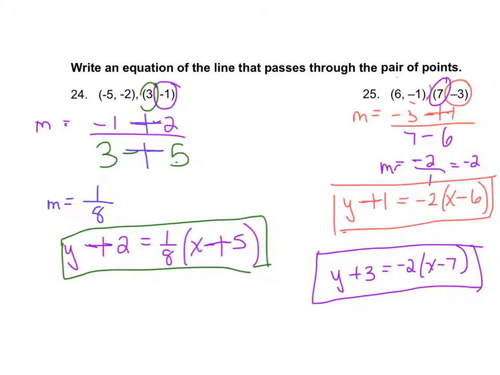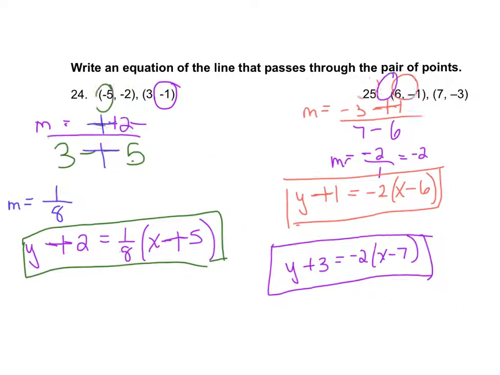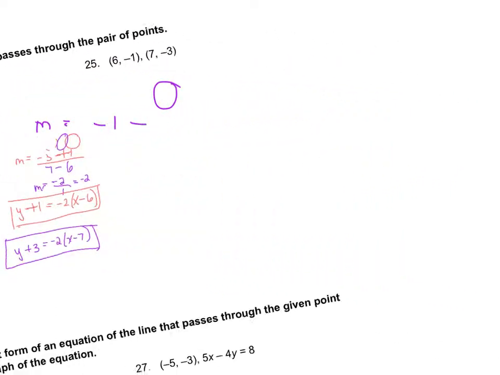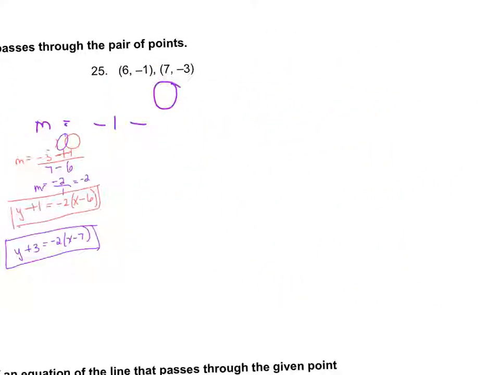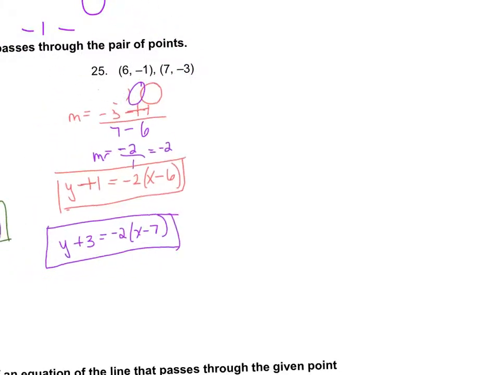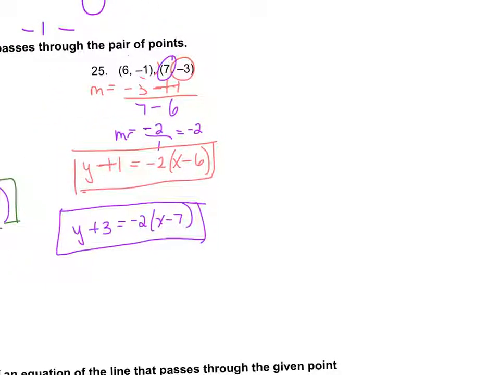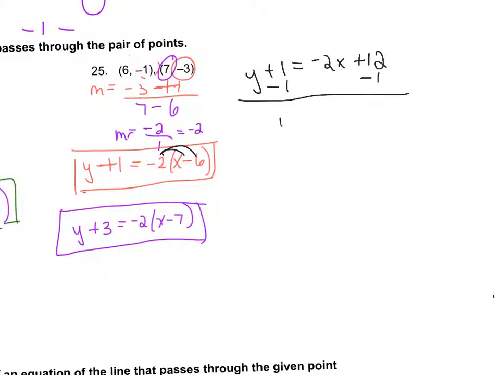If I was to look at these two equations, I'm going to move this over just so you could see it, so sorry about the weirdness. If I took the first equation and distributed the negative 2, I would get y plus 1 equals negative 2x plus 12. I would then minus the 1 on both sides, and I would get y equals negative 2x plus 11.